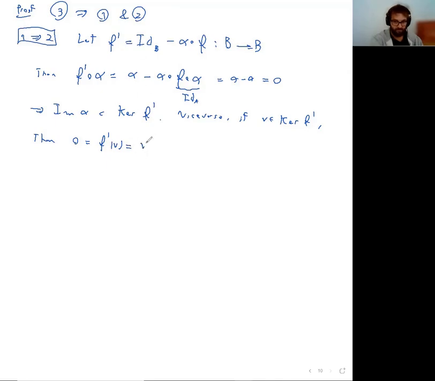But F prime of v is also v minus alpha of F of v, just by the definition of F prime. But then v is alpha of F of v, so v is in the image of alpha. In particular, the kernel of F prime is the same as the image of alpha. And since the sequence is exact, this is also equal to the kernel of beta.